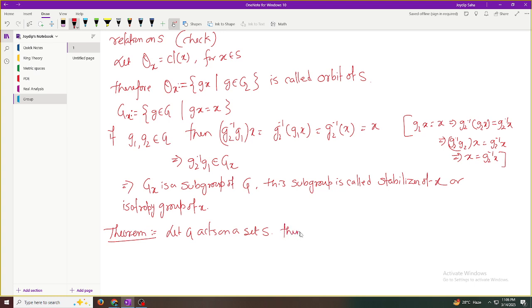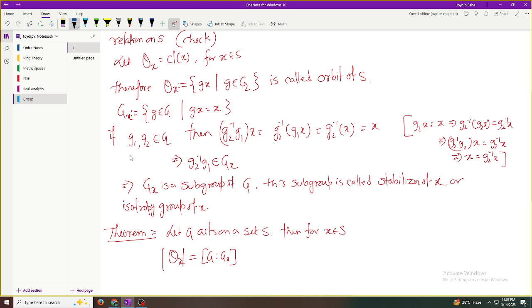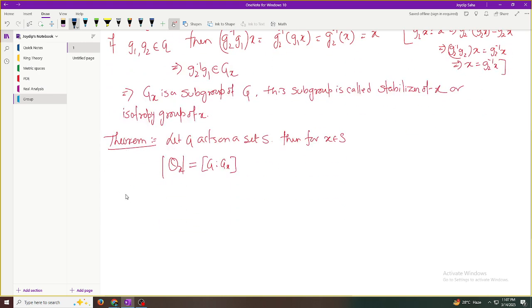Then for x belongs to S, the cardinal number of Ox is the index of Gx. Proof. It is very easy, simple. All of you know this.